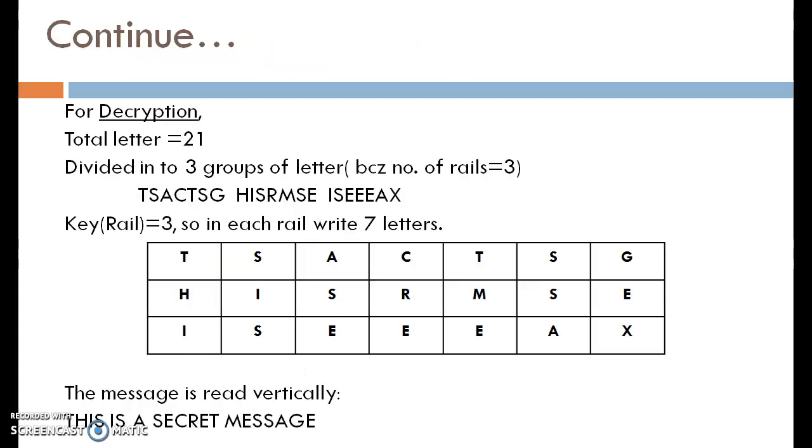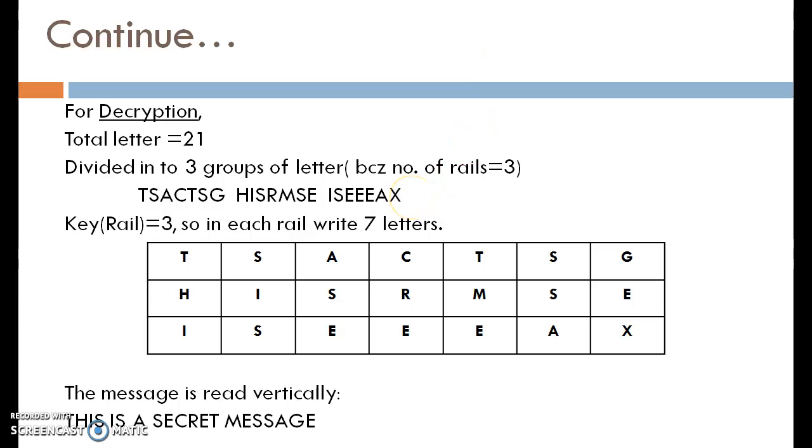Now for decryption, we calculate the total number of letters of the ciphertext. Here our ciphertext message is TSACTSG and so on. The ciphertext message covers a total number of 21 letters. Now divide it into 3 groups of letters because our key value, the number of rails, equals 3.